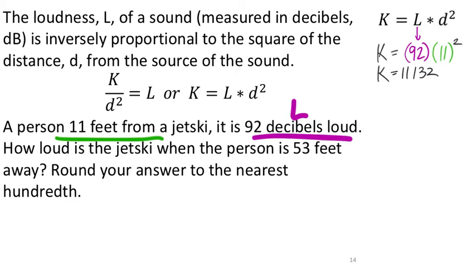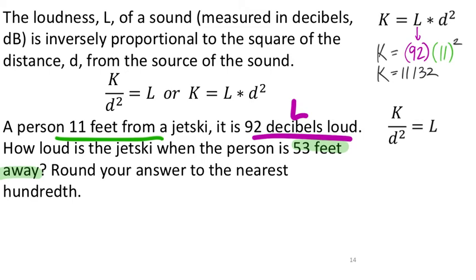How loud is the jet ski when the person is 53 feet away? All right, that's the distance right there, 53 feet away. So I'm going to replace the 53 feet away with D. Okay, so let's bring that formula back down over here. So, not this one, sorry. Let's use this one because we want to know the loudness now.